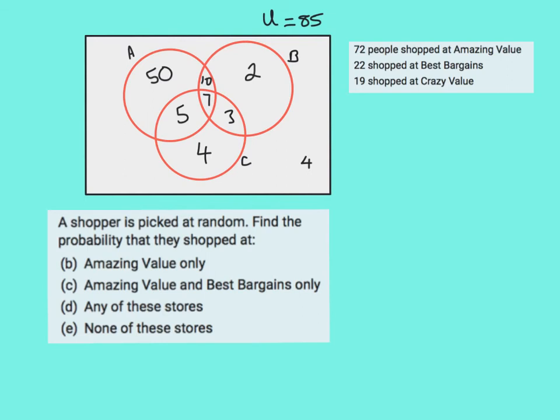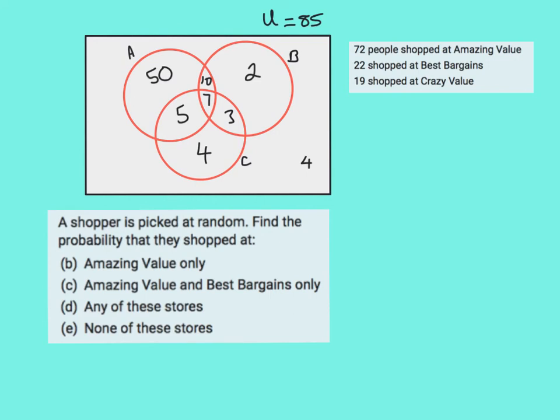So a shopper is picked at random. Find the probability that they shopped at. Very importantly here, I just took up a little bit of information from our question, just in case we need it. We may not need it. The first one says, find the probability that they shopped at amazing value only.